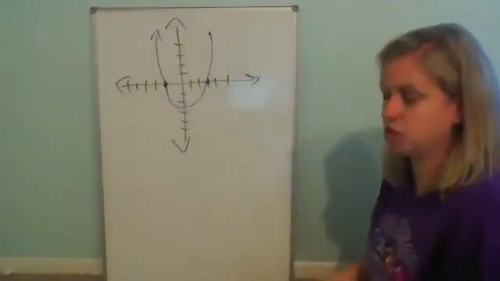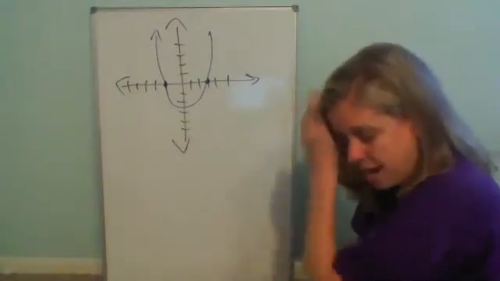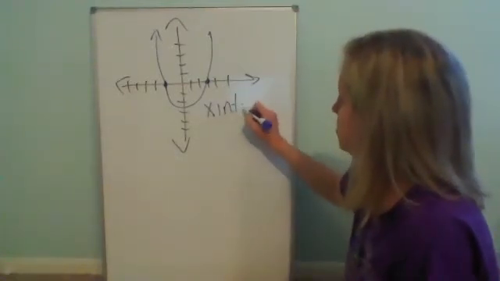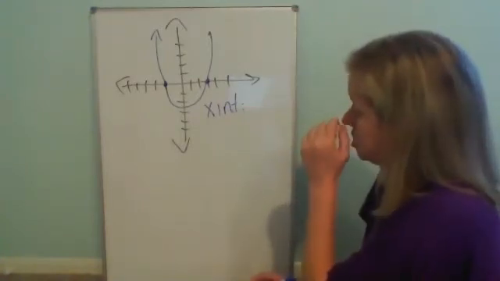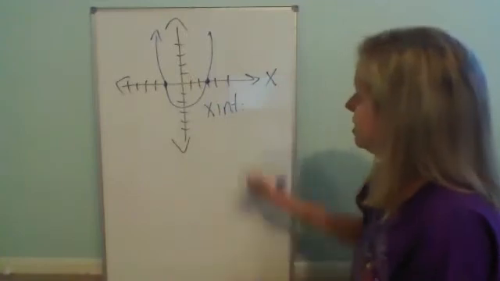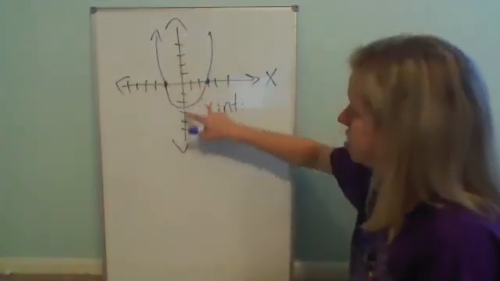It gives you this U-shaped graph, this U parabola. It's called a parabola. So what it wants to know are the x-intercepts first. So what you're doing is you're enlarging that graph to see where, and here's my x-axis right here, where does this graph cross the x-axis?